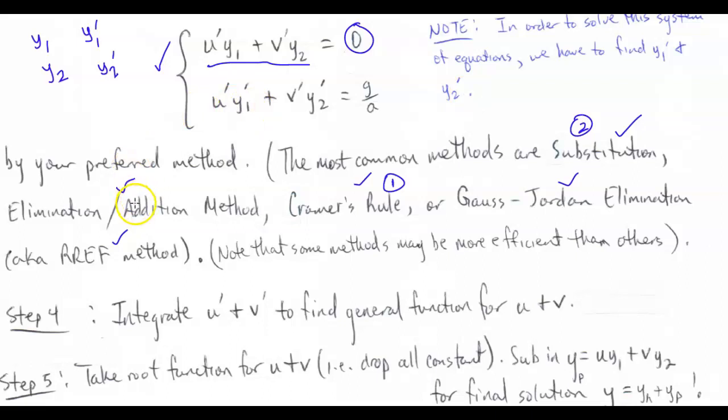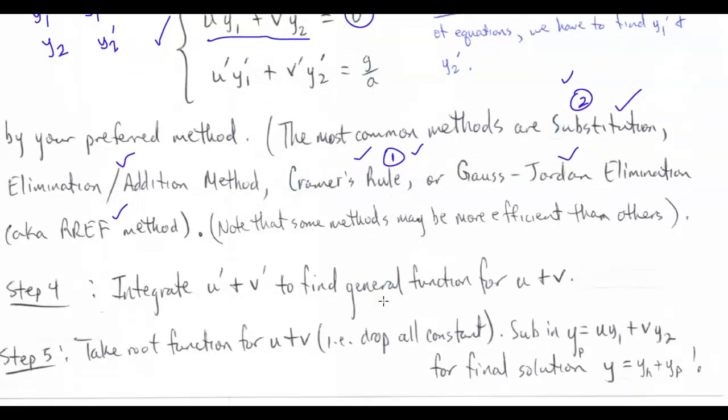You can do the elimination or addition method or the Gauss-Jordan elimination method if you want, but I think these two are not as efficient as the two that I've listed here. And so most of the examples that I'm going to do are either going to employ Cramer's rule or substitution method, okay? If I do it the traditional way.